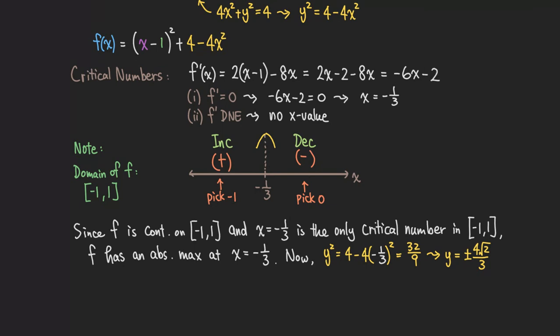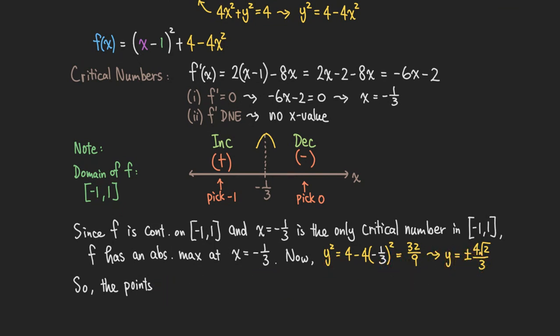And so finally, we say that the points, actually there are 2 points. Why are there 2 points? Because one is above the x-axis, the other one is below the x-axis, because when we square root both sides of this equation, we are going to get plus or minus.